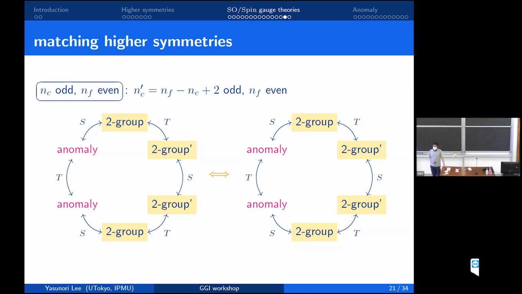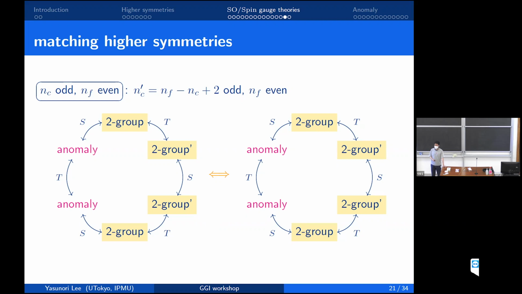Is there something more to say in that case? Because now you have one more... either this duality becomes an extra symmetry of the theory, or it must act within the same diagram. I don't know. Extra symmetry for the special value of NC and NF, you mean?